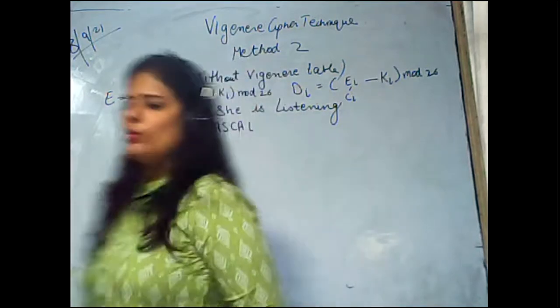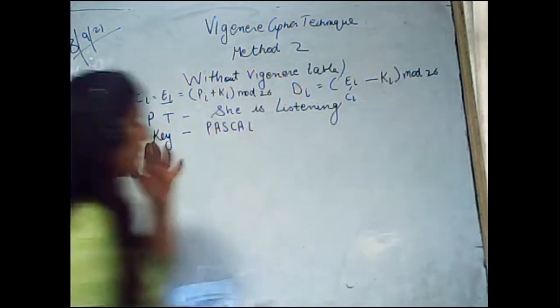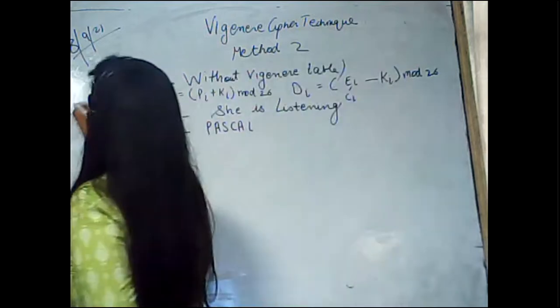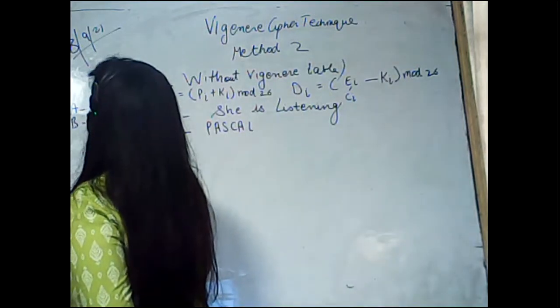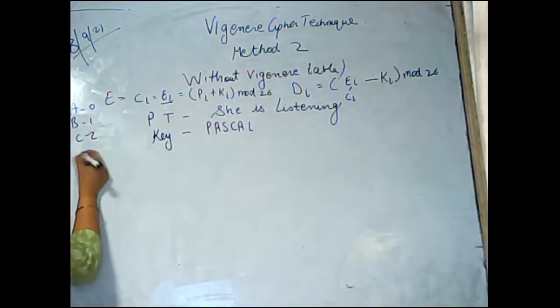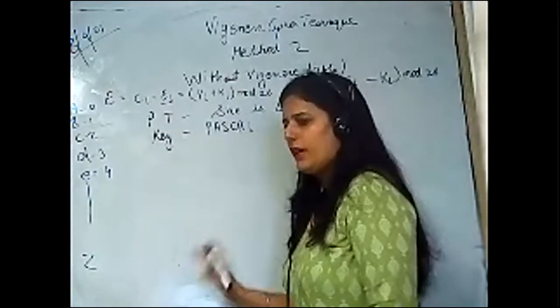Fine. Now I will move towards the steps. Let's suppose I will be using the key stream here. If you remember the key streams that we mentioned, we represented all the alphabets starting with A as 0, B as 1, C as 2, D as 3, E as 4, and so on till Z. So we had these key stream values for each and every alphabet.